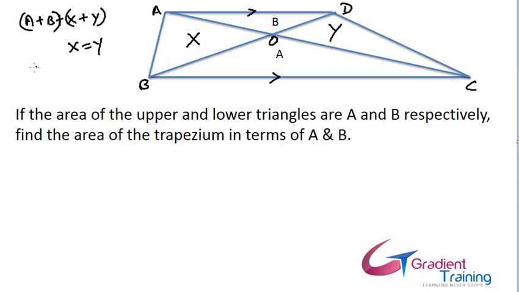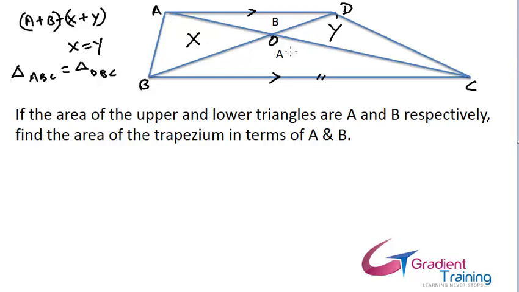In other words, area of triangle ABC is same as area of triangle DBC because both these triangles have equal base length BC, and both these triangles will also have equal height because the perpendicular distance between two parallel lines will always be constant, and that perpendicular distance is also the height of triangle ABC and DBC.